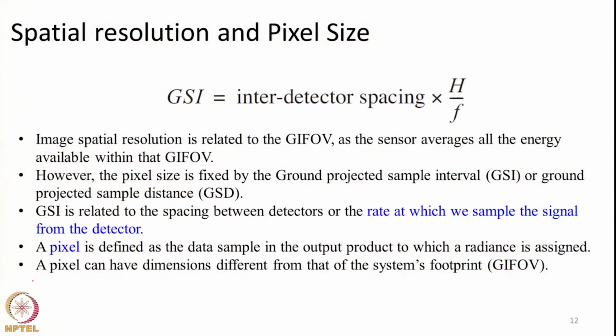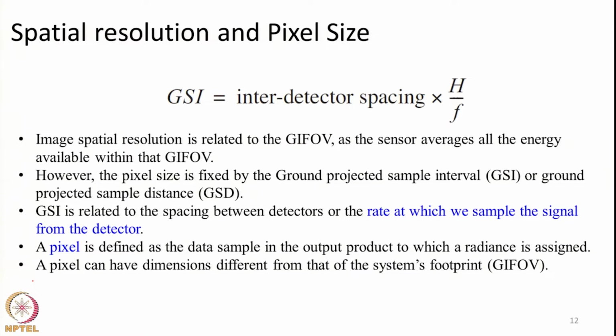Our ability to resolve two features in the spatial domain improves when the objects are far apart, or when the IFOV of the system is smaller in size.